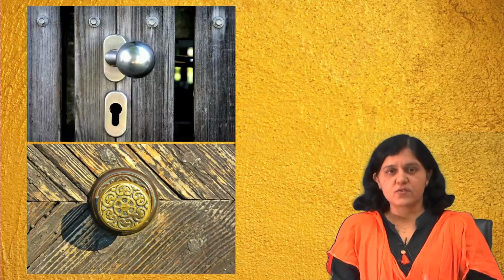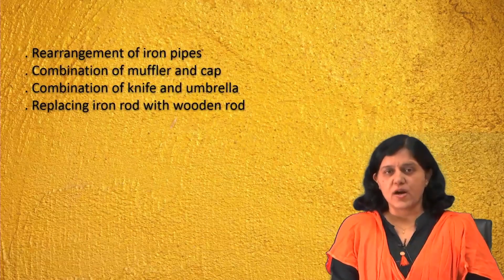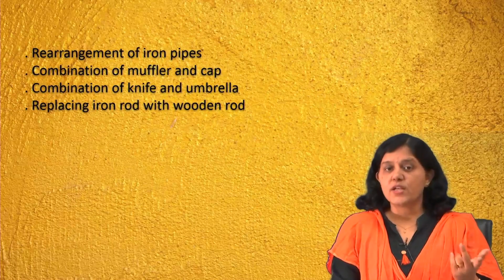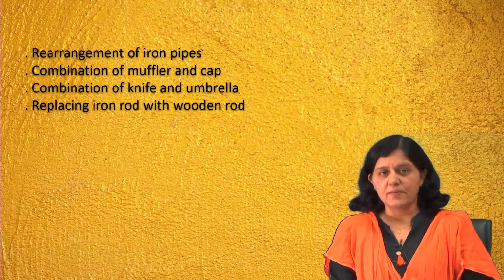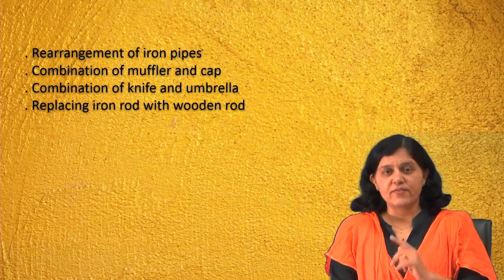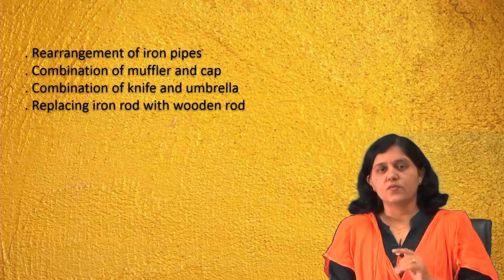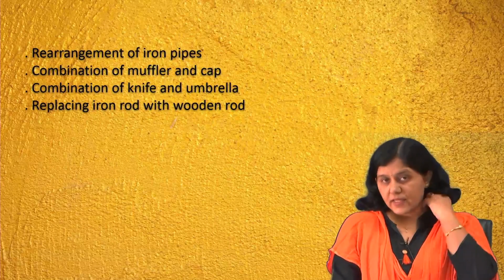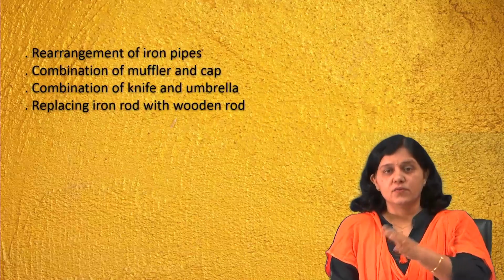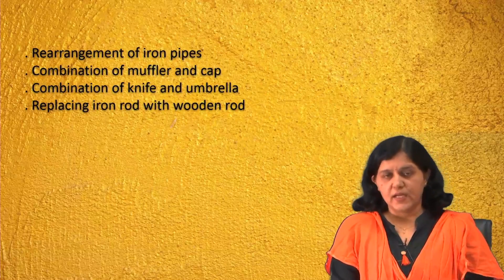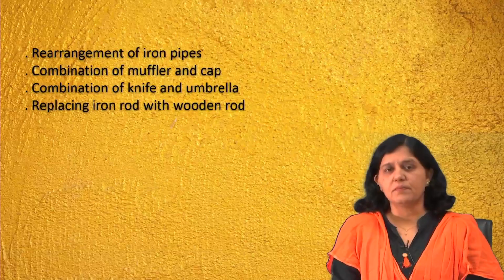Now, check all these 4 examples. Which are these 4 examples? Rearrangement of iron pipes, combination of a muffler and a cap, combination of a knife and an umbrella, and replacing an iron rod with a wooden rod, or an iron handle with a wooden handle. Anyone can do this; you are just changing the material.